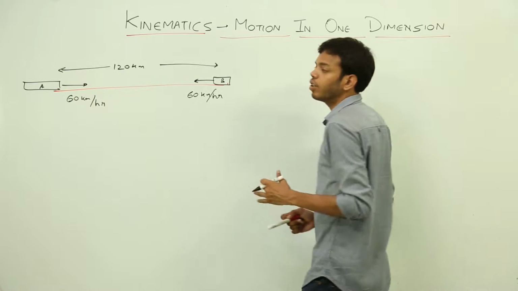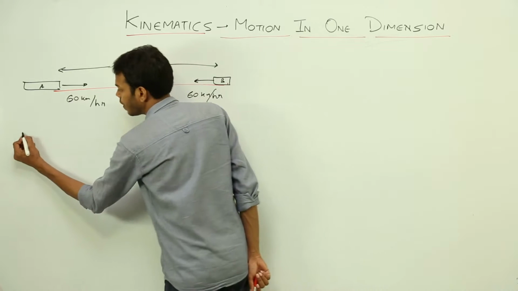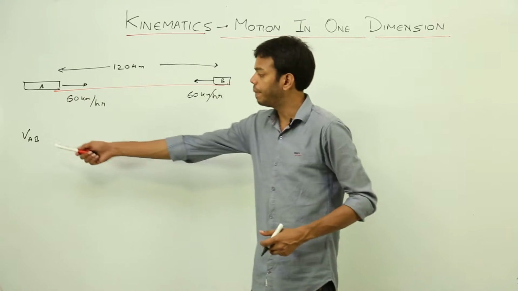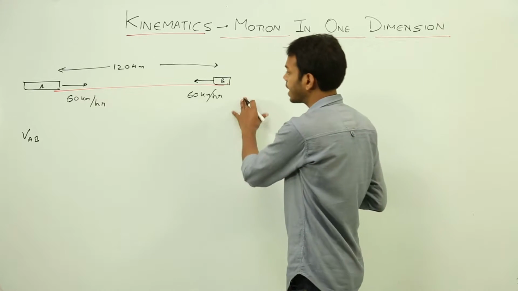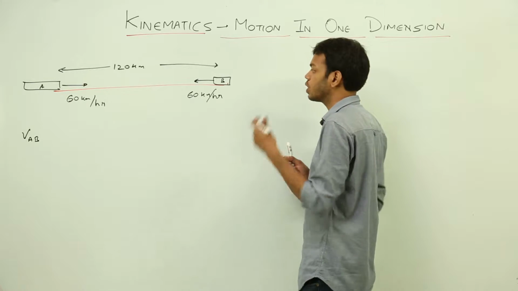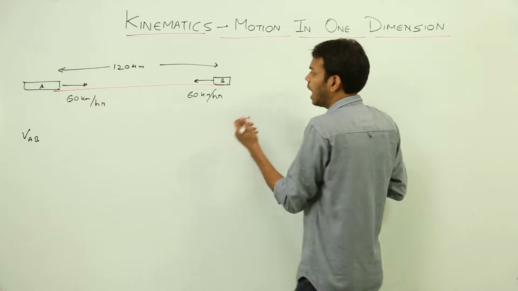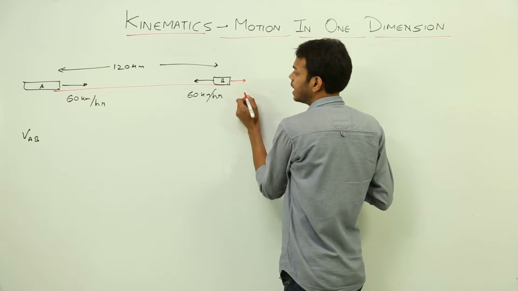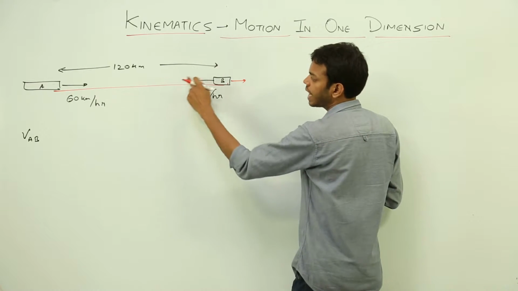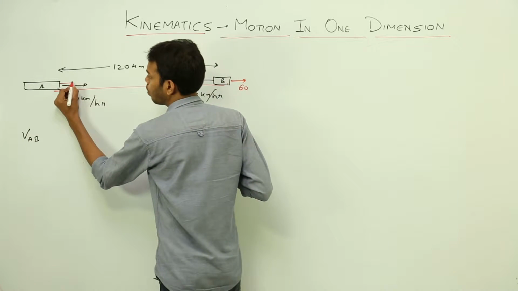Similarly, what you have to do is find the relative velocity of A with respect to B. That means B is at rest now. When B is at rest, how do we do that? The application of relative velocity, as per the superposition of negative velocity on both the objects, which I told you in the last class: I apply minus 60, that means 60 is in this direction, so minus 60 is in this direction, on both the bodies.